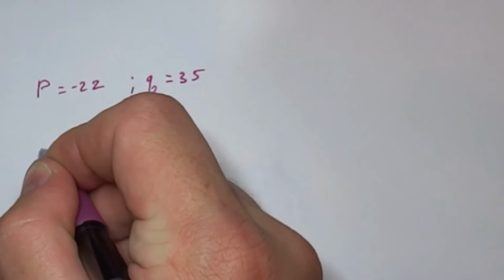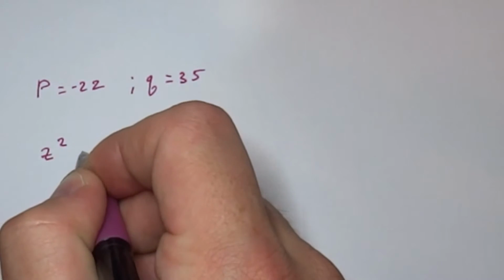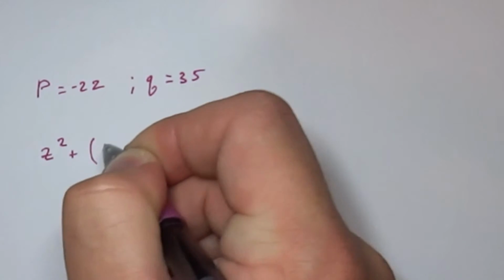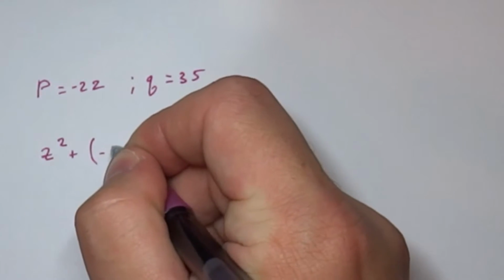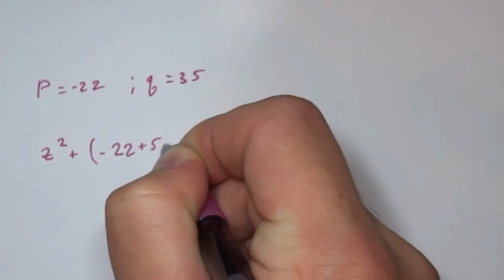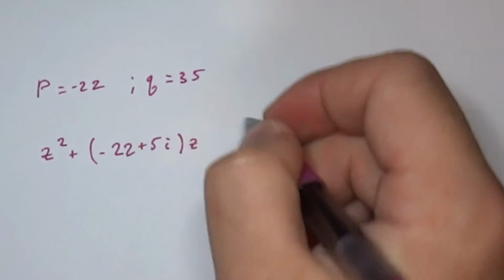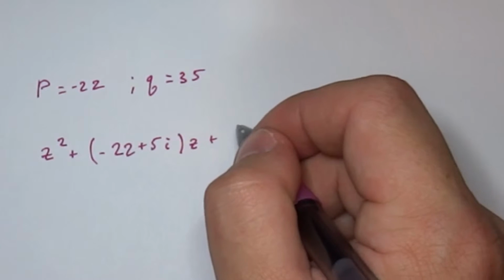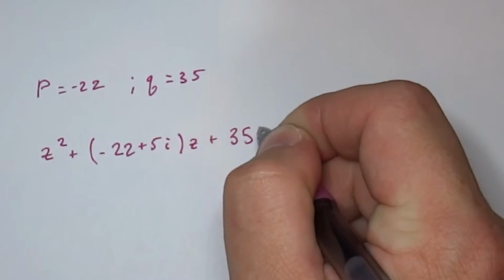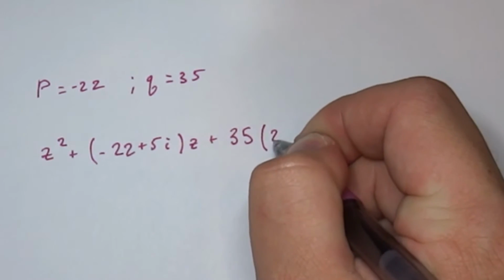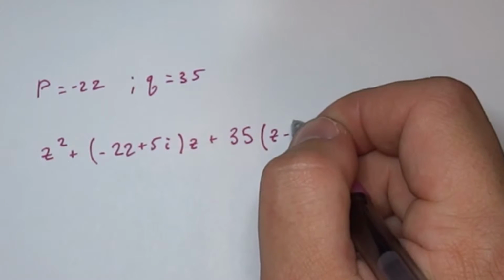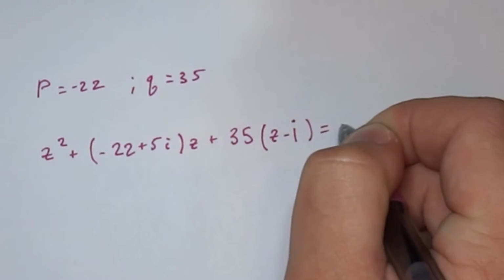So that's going to give me z squared plus, now it's going to be (negative 22 plus 5i) times z plus 35 times (z minus i) equals 0.